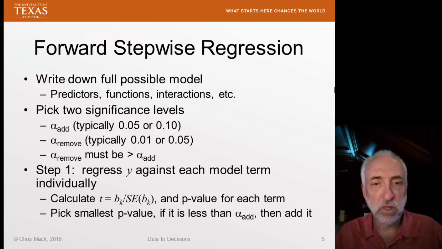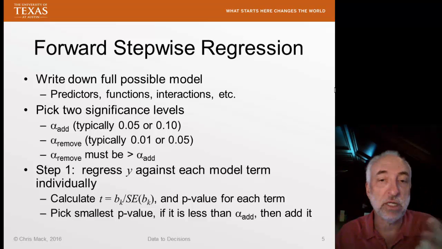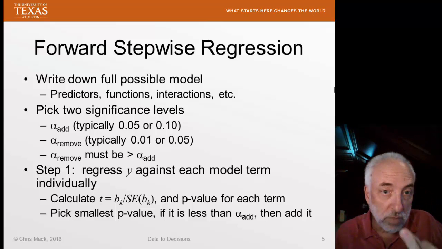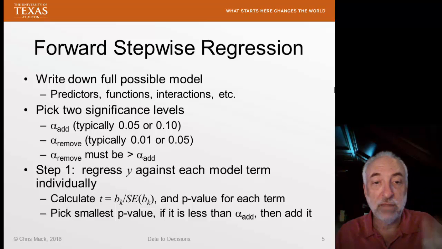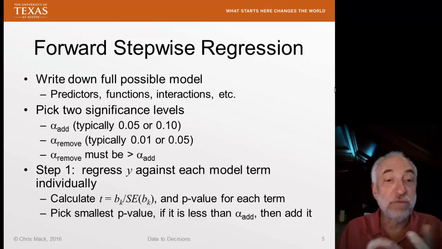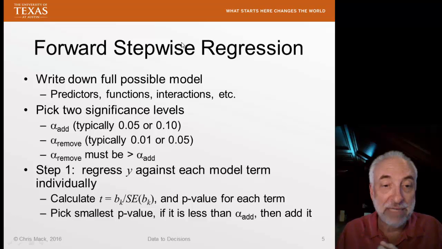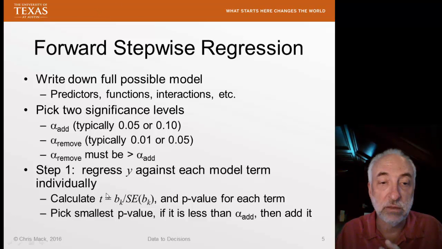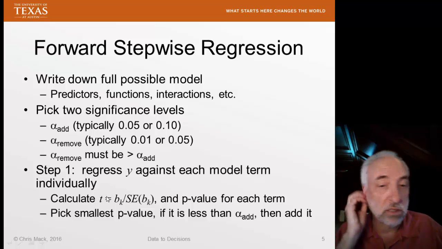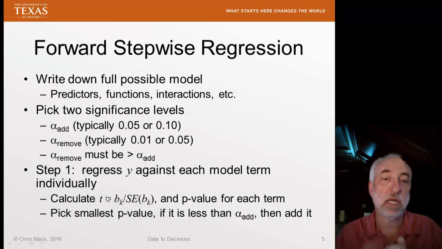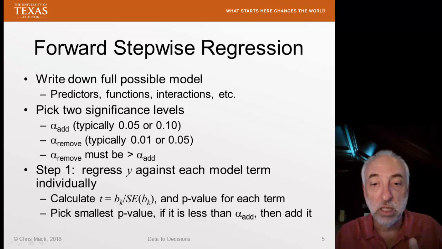In step one, take y and regress it against each model term individually. In other words, we have a model with just two parameters, an intercept and one term. We get a coefficient for that one term, and we calculate the t-value for that one term, and a p-value associated with that t. We assume it's Student's t distributed, for example, depending on the type of regression.